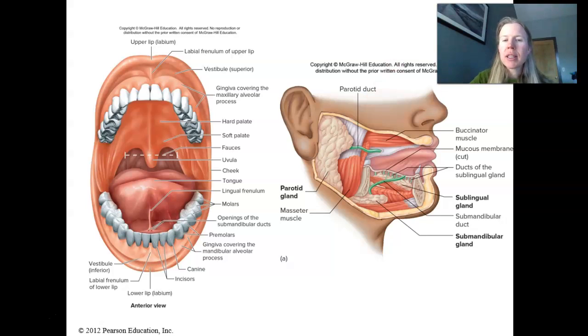So let's look at these glands. This big one over here, kind of anterior and inferior to the ear, has a duct that comes through, and it dumps in by your second molar. This is the parotid gland, and it primarily produces salivary amylase. Then there's the sublingual gland.